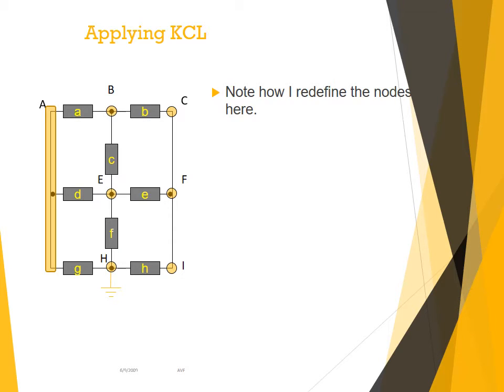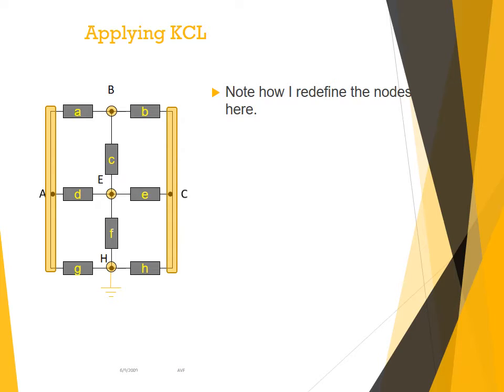There are no components in this line that would cause a voltage drop, and so your node A is that whole left-hand side of the line. The same thing happens with node C. You see that's a solid line, no resistance, no voltage drop across the line, so that is node C. So now we're ready to begin.